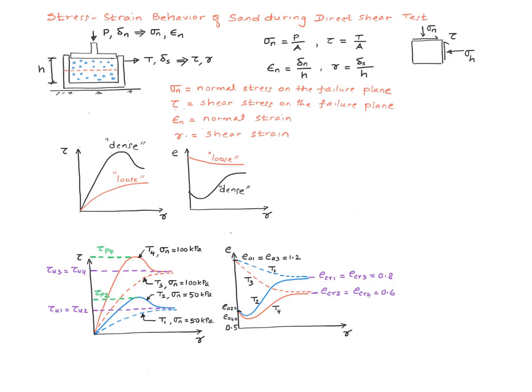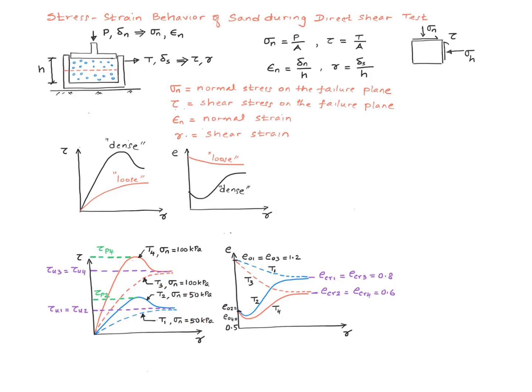Specifically, I have data from 4 different tests plotted here. Test 1, Test 2, Test 3, Test 4. And similarly over here, this curve corresponds to Test 1, this corresponds to Test 2, this to Test 3, and this to Test 4. Test 1 and 2 are conducted with a normal stress of 50 kilopascal.